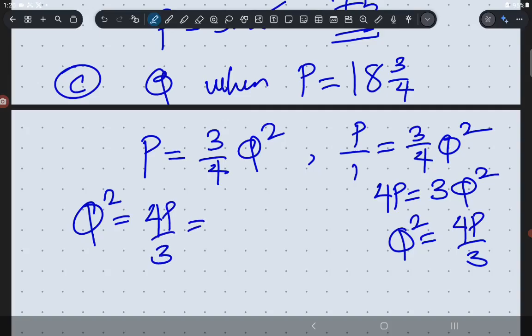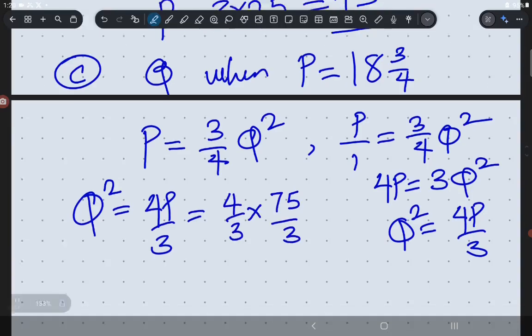And the value of our P at this point: 4 times 18 gives 72, and 72 plus 3 makes 75. So it is 4 over 3 times 75 over 3. So that is exactly what we need.